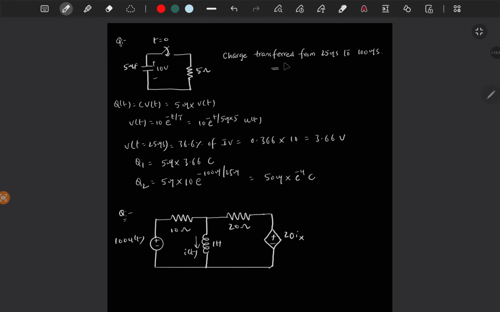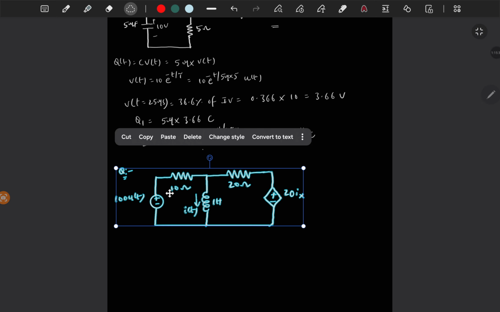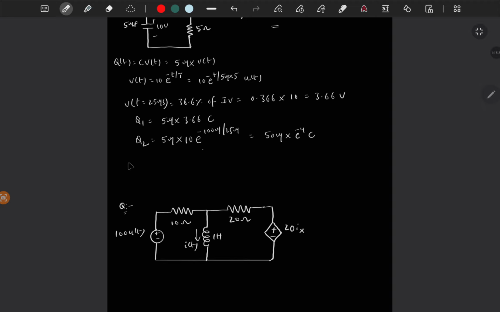So the charge transfer from one point to the other point will be Q2 minus Q1.